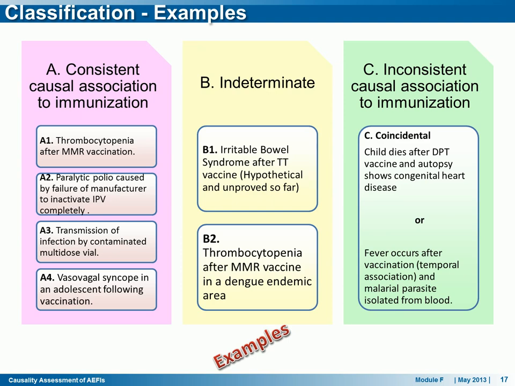But unfortunately, this particular event has not been reported earlier, or it has been reported earlier but not proved. So in other words, there is insufficient definitive evidence that the vaccine caused the event. An example would be irritable bowel syndrome after TT vaccine, which is hypothetical and not proved so far.